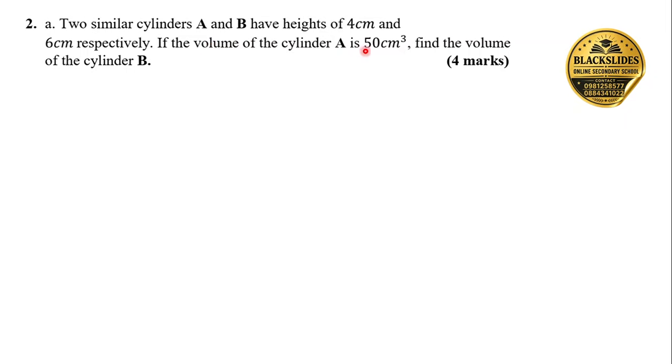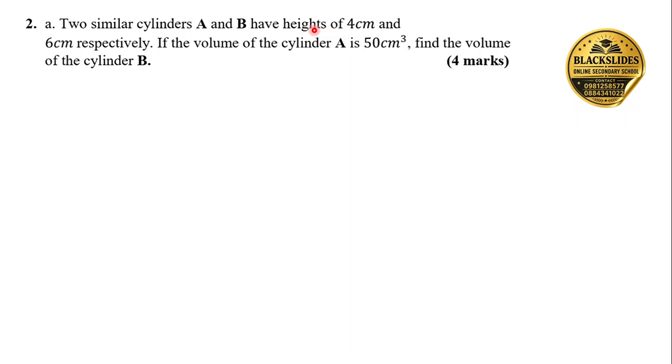So we are given the volume of cylinder A for us to find the volume of cylinder B. If these two cylinders are similar, such that one is bigger than the other, it means that their volumes are directly proportional to height.